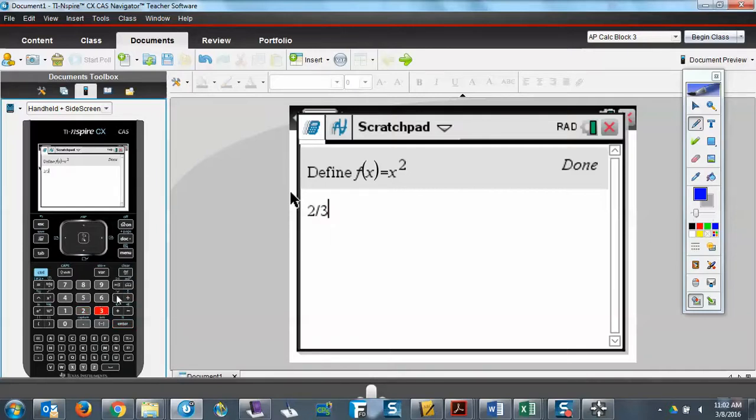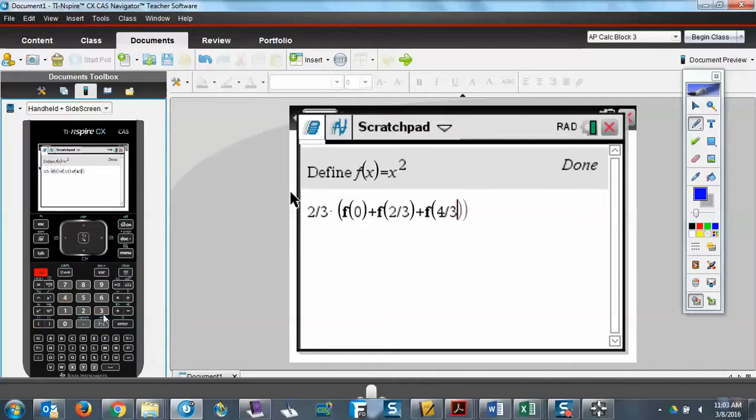2/3 times bracket f parentheses 0 plus f parentheses 2/3 plus f parentheses 4/3.